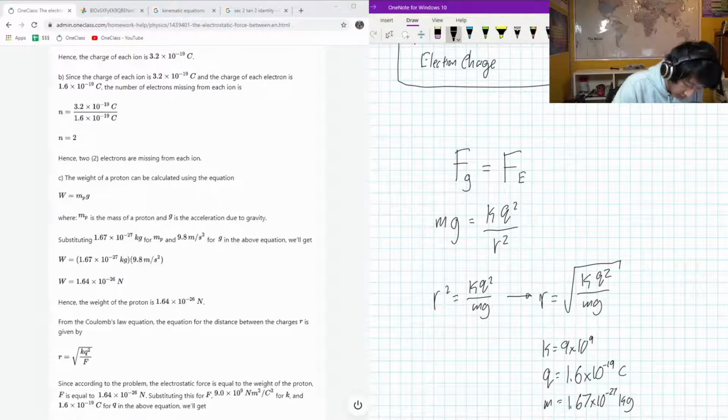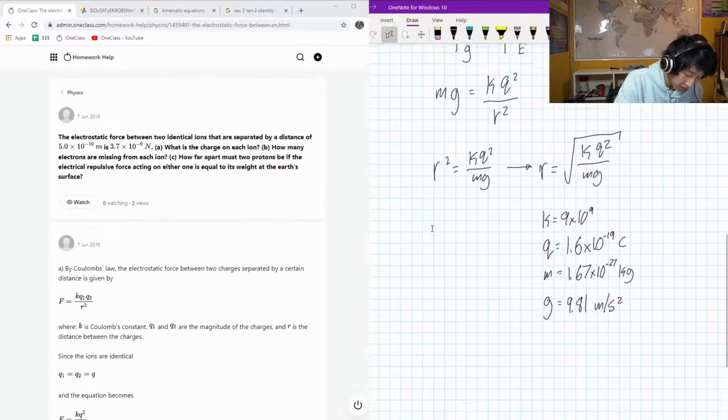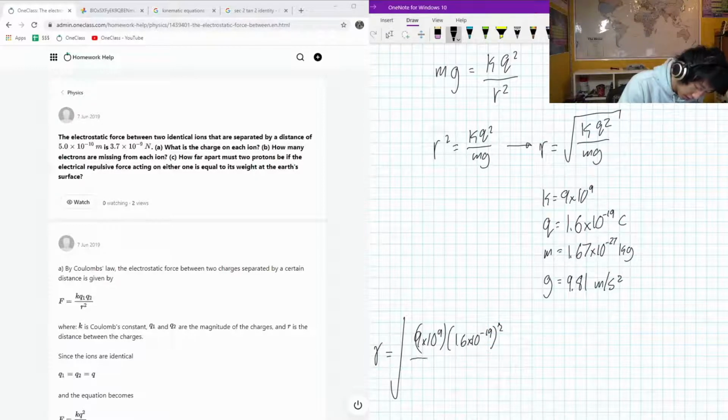And the acceleration due to gravity is 9.81 meters per second squared. Subbing all of these into our equation, R is equal to, under the root, k, 9 times 10 to the 9, multiplied by q squared, 1.6 times 10 to the negative 19, all squared, divided by mass, 1.67 times 10 to the negative 27, multiplied by gravity, 9.81.